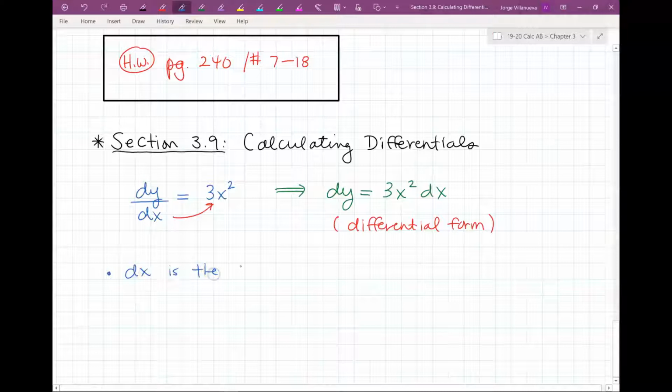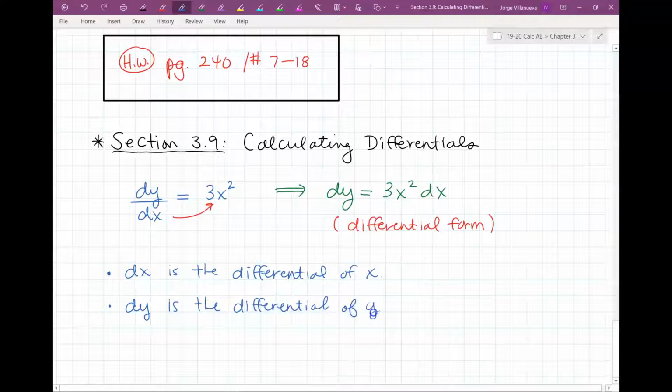Now, just so you know, dx is the differential of x, just like dy would be the differential of y. So dt would be the differential of t, dA would be the differential of A, et cetera.